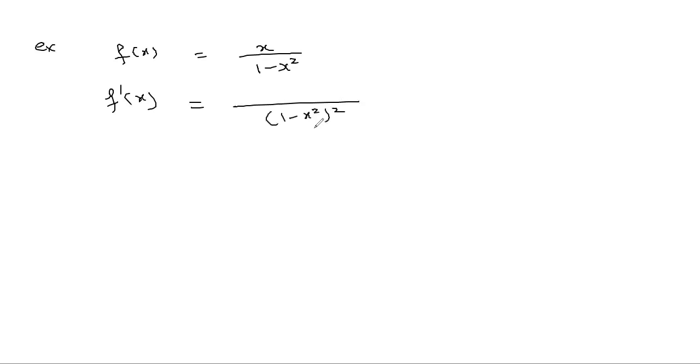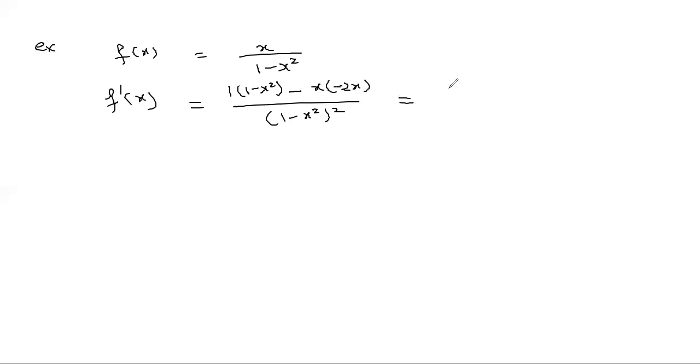For example, the function is x over 1 minus x square, and we have to apply the first derivative test only. We have to find the extreme value using the first derivative test. The derivative of this function is, the denominator will be (1 minus x square) whole square, while the numerator will be 1 into (1 minus x square) minus x into minus 2x.